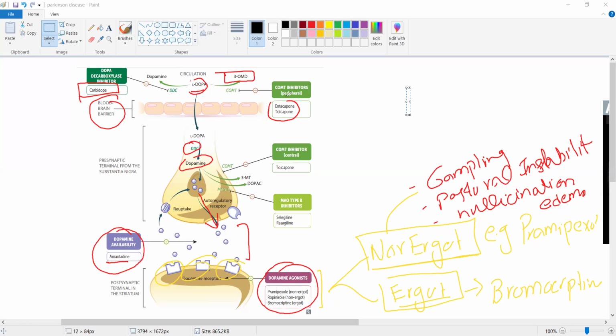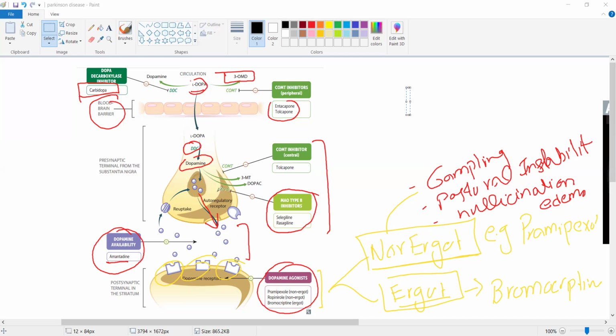So now I'm going to discuss some other drugs that prevent the breakdown of dopamine, right? So monoamine oxidase type B inhibitors.